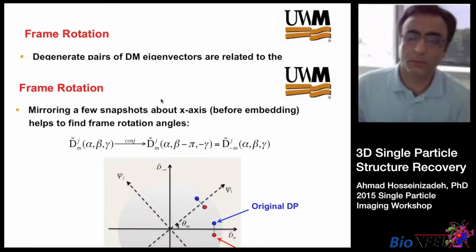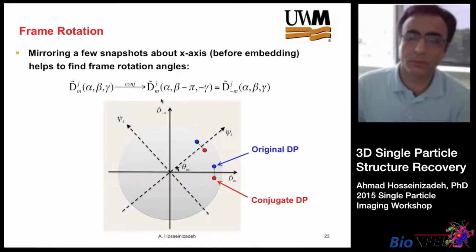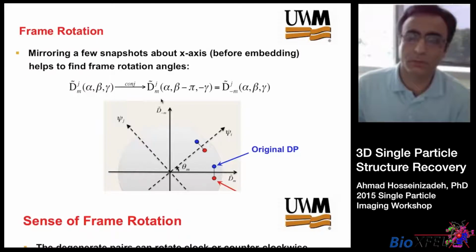Exactly. I'll briefly talk about how to do that. In order to find the theta angle, we use this operation. In fact, we mirror just one typical diffraction pattern. We mirror that image according to the horizontal axis, and this mirroring is equivalent to this operation on Wigner D functions. So you can see that in the case of D functions, we have the original diffraction pattern here and the conjugate pair, or the mirror pair, is just here.